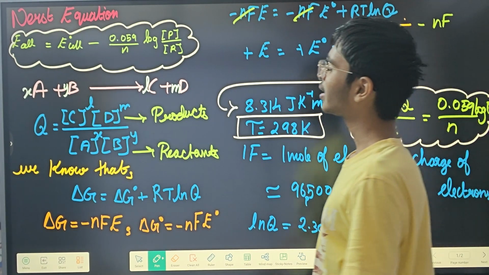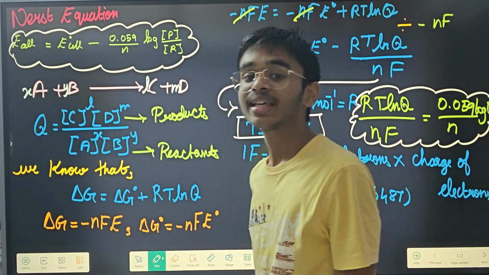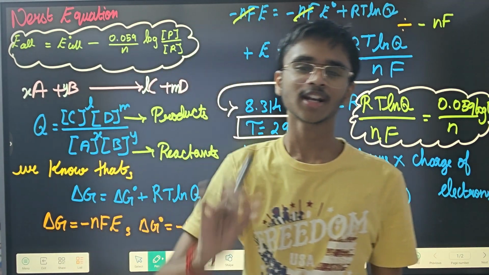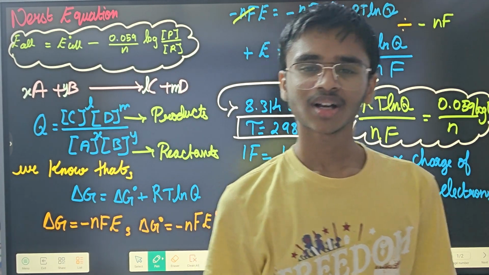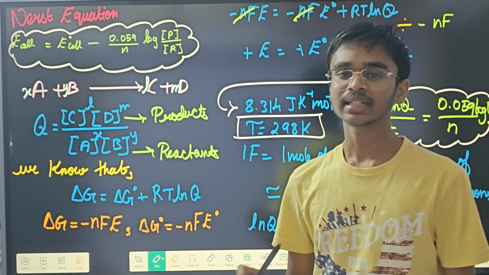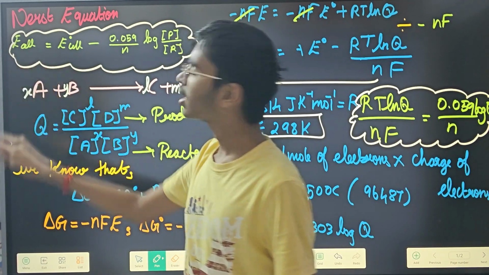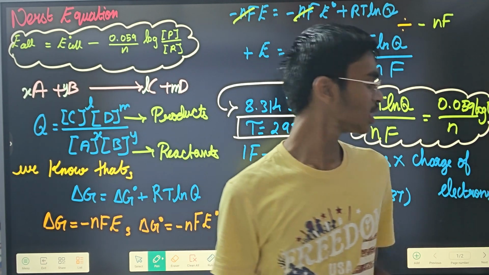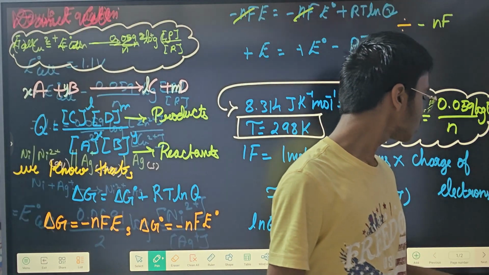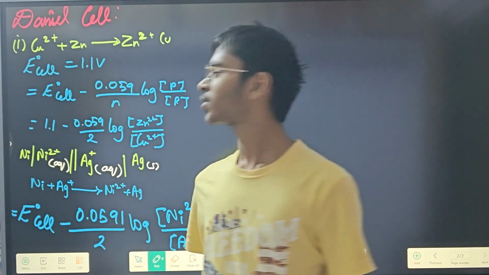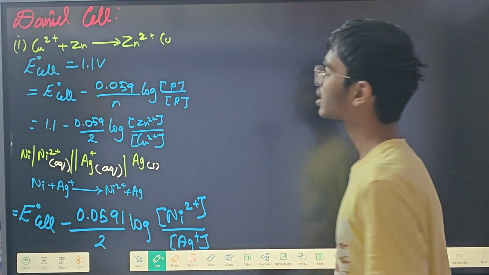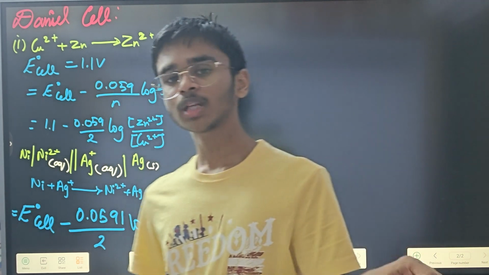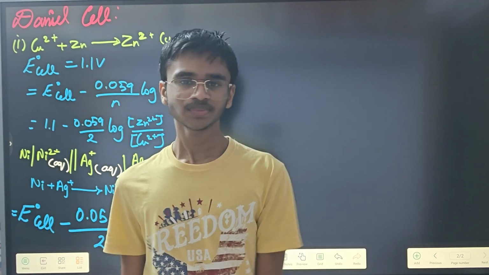The Nernst equation is used only in non-standard conditions, whereas wherever you see E naught, with the naught, that is used in standard conditions. When you see a formula without the naught, it is not for standard conditions. Also in physics, we use epsilon naught because it is used for standard conditions. So the formula without naught is used in non-standard conditions, meaning temperature is not constant, it can be any temperature, volume can be anything.